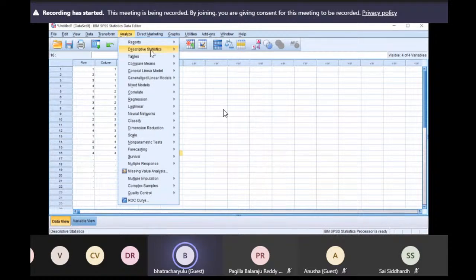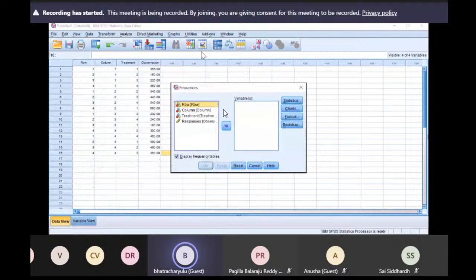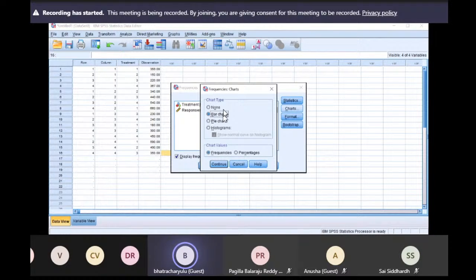Descriptive statistics, frequencies, crosstabs. Crosstabs means for every pair that you can go. No, the ordinary graph that you show. Yeah, bar graph.